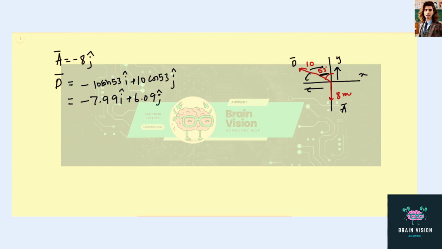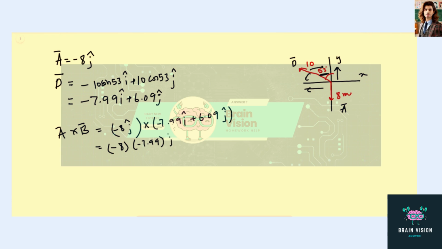Now, we want to find out A cross D. A cross D is simply, we do it term by term. It's minus 8 j cross minus 7.99 i plus 6.09 j hat, which is minus 8 into minus 7.99 into j cross i plus minus 8 into 6.09 multiplied by j cross j.